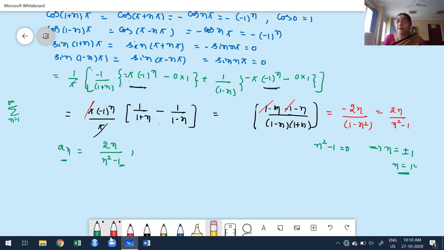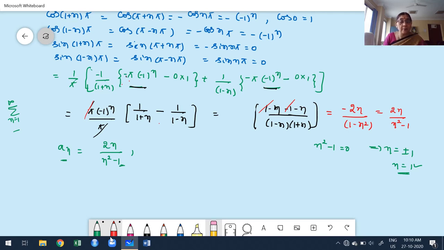Here we get plus or minus 1, but our summation starts from 1 to infinity. Now 1 is included. For n is equal to 1, what happens? This an is infinity. We get a1 is infinity, can't consider that a1 value is infinity. Such a value I have to find out independently, individually from the corresponding formula.